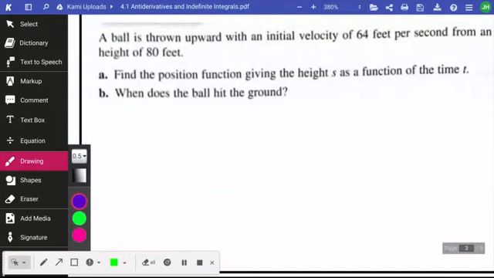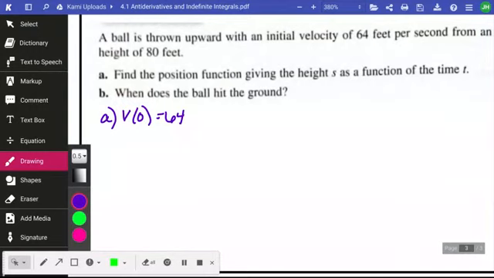Okay, so part A. We are given an initial velocity. The initial means like nothing has happened. So no distance has happened, which usually x is your distance. So we will have velocity of nothing happening. Initial velocity is 64.